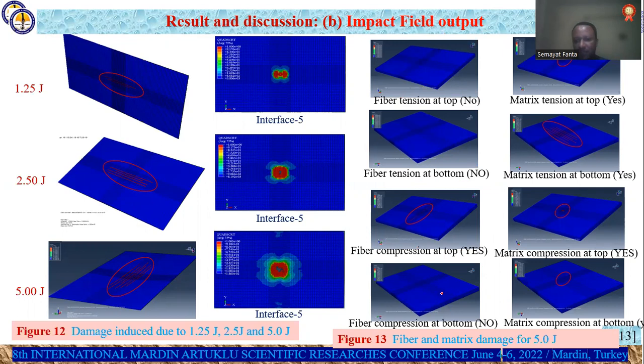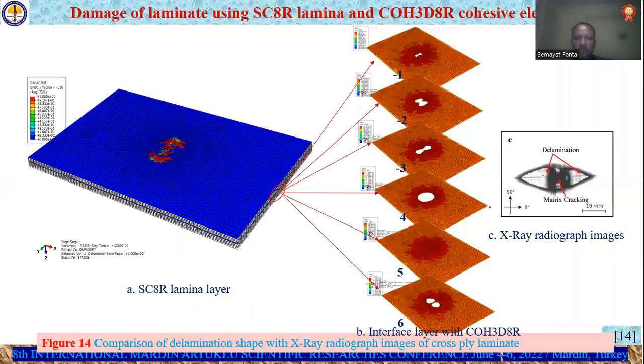Fiber compression at bottom, fiber has no problem. Matrix tension at the top, there is damage. Matrix tension at the bottom, there is high damage. Matrix compression at the top, there is damage. And matrix compression at the bottom, there is damage. So these are the damage patterns observed in fiber and the matrix separately.